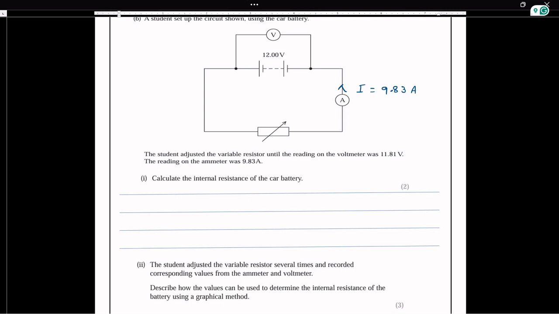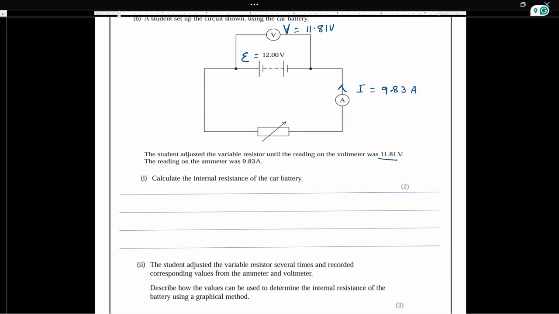And the voltmeter reading is 11.81 volt, the terminal PD, V. EMF is 12, but the terminal PD is 11.81.